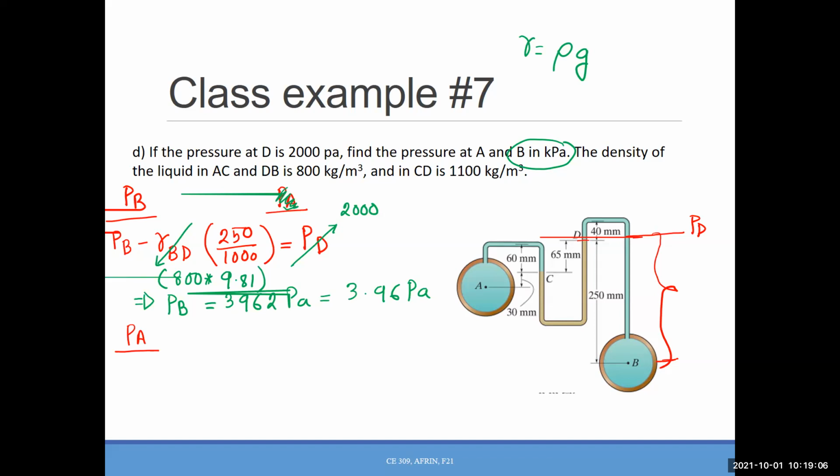There's two different densities. From C to D, it's different density than this one and this one.